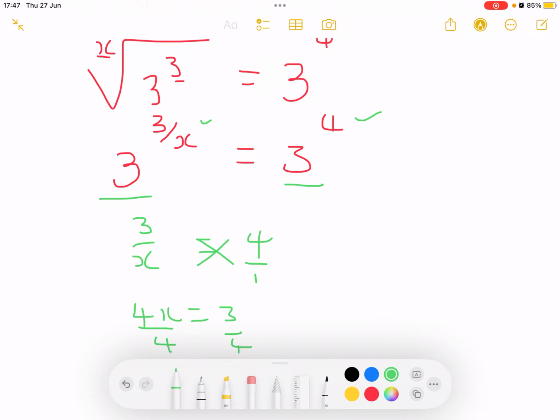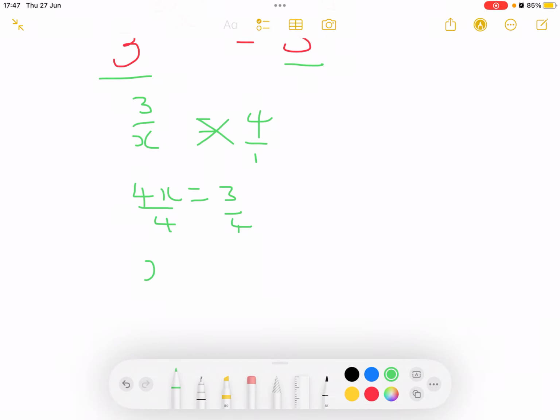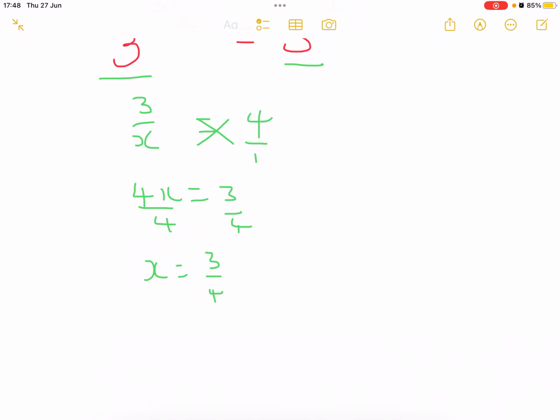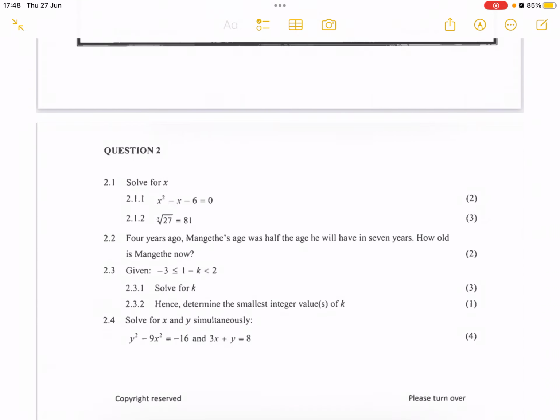Then we find that the answer would be x is equal to 3 over 4.